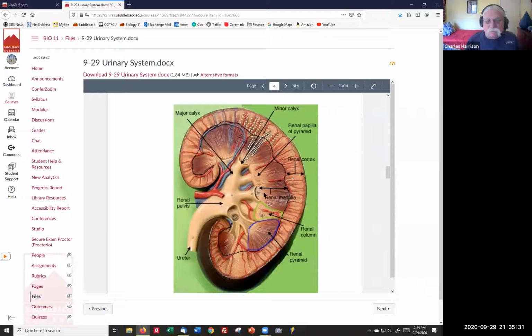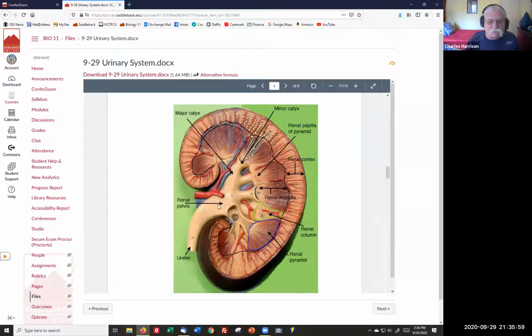Well, material has to get into the kidney, if the kidney is going to work on it, to purify it, to detoxify it. And that happens at this area here, where the ureter exits, where the vein, this is a vein, renal vein, exits, and where the renal artery goes in.